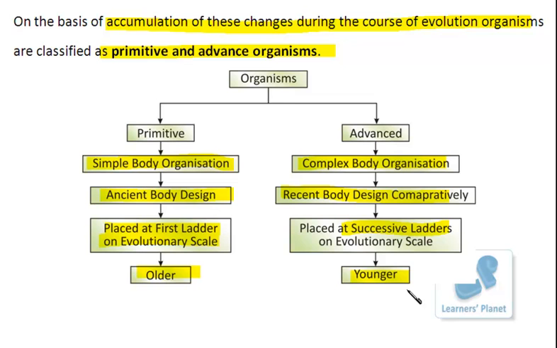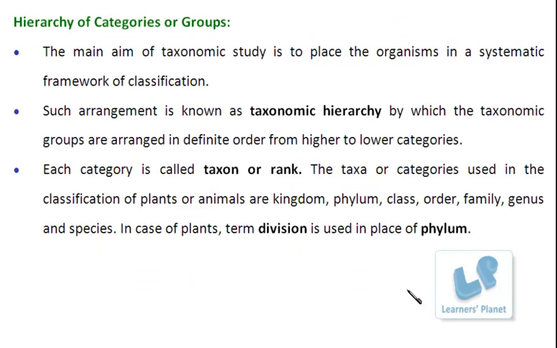So let us see what that is now. Well, I hope you remember what taxonomy is. Taxonomy is a branch of science which deals with the study of classification of organisms. The main aim of the taxonomic study is to place the organisms in a systematic framework of classification. This type of arrangement of the organisms into groups in a hierarchical manner is known as the taxonomic hierarchy.